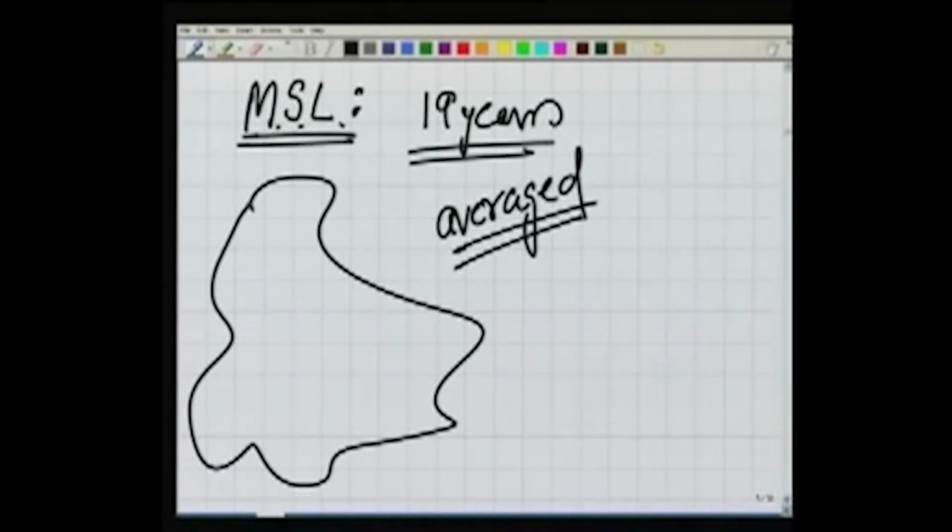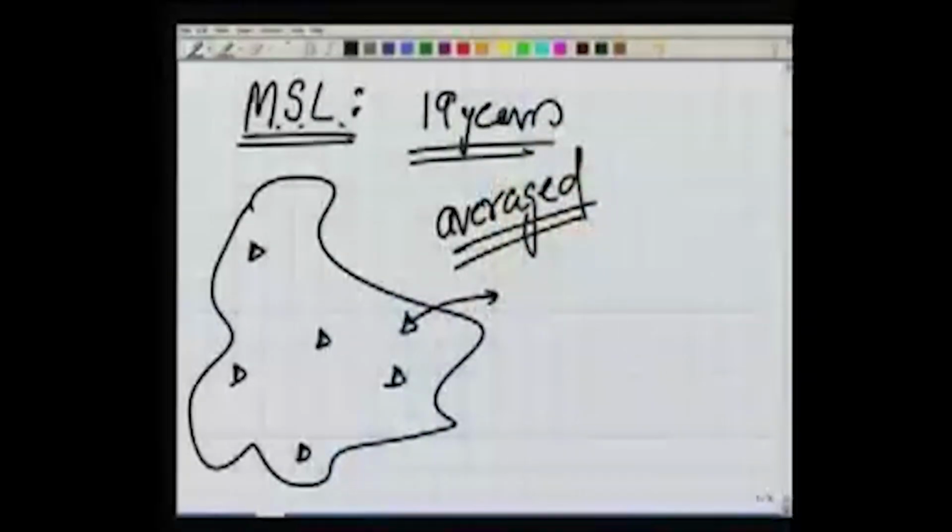Now, once the mean sea level has been defined, everywhere in the country, for example, if this is a country, we have some permanent points which have been established by the methods of vertical control. We know their elevations from that mean sea level. So what is the meaning? All these points are referring to the same reference.